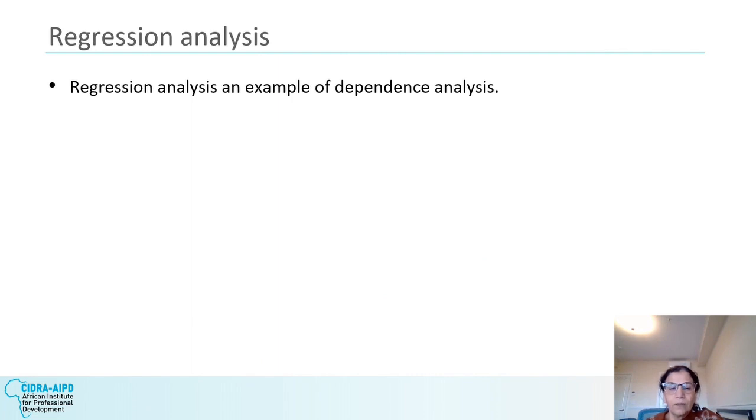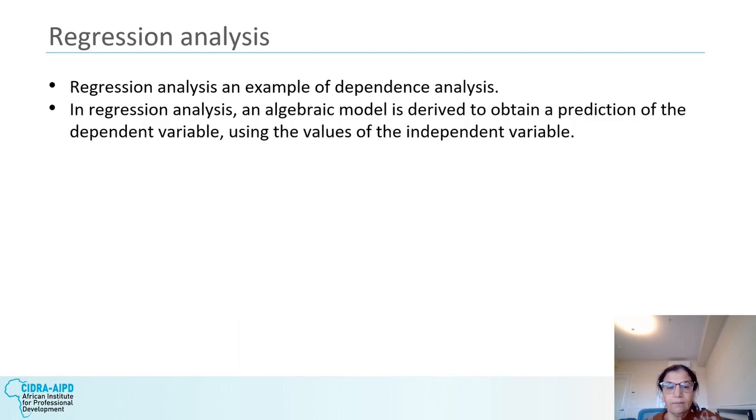Regression analysis is an example of dependence analysis. In regression analysis, an algebraic model is derived to obtain prediction of the dependent variable using the values of the independent variable.